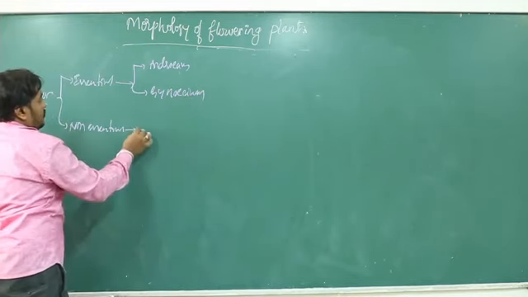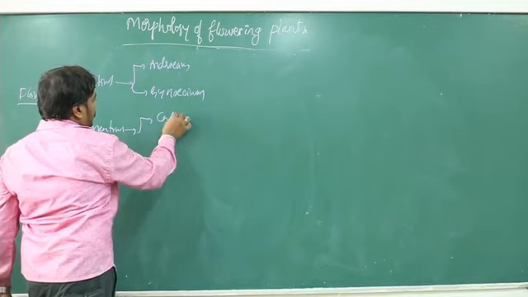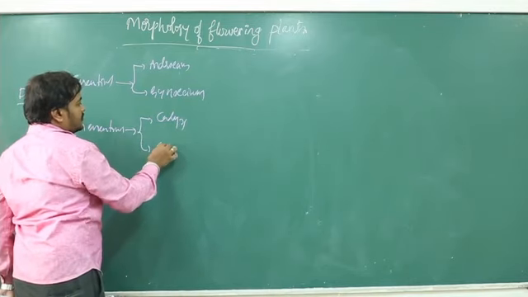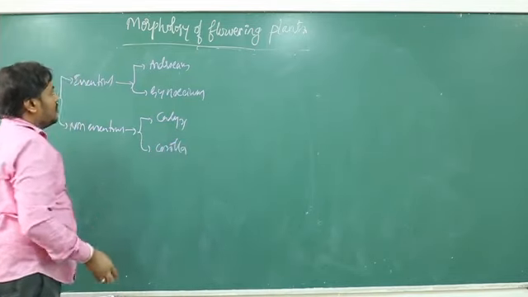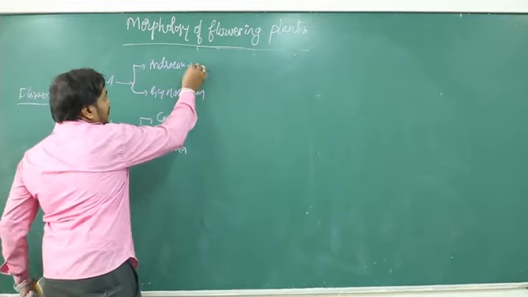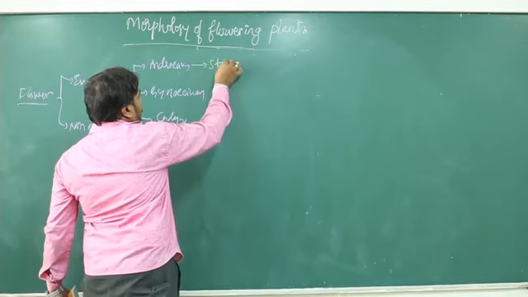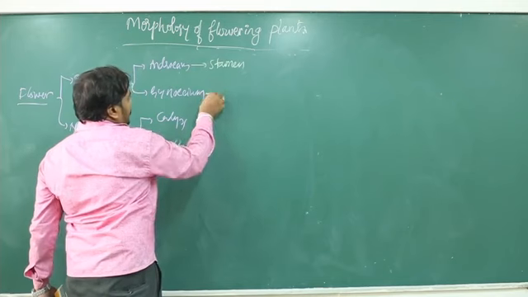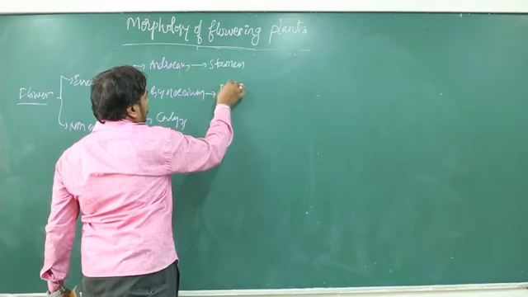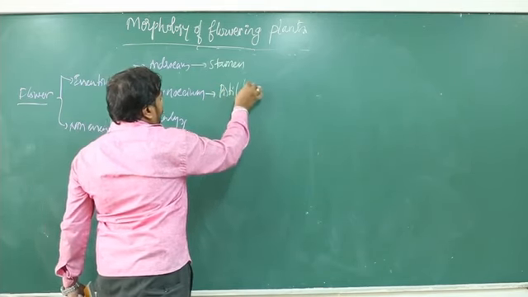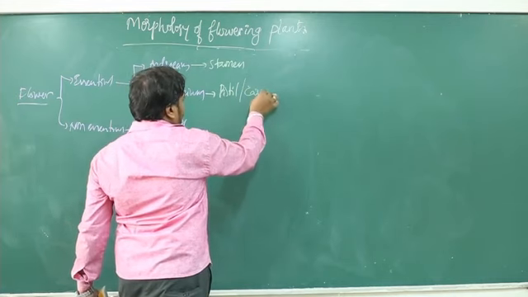Non-essential whorls are calyx and corolla. Androecium is a collective term; the individual structure is the stamen. Similarly, gynoecium is a collective term; the individual term is either pistil or carpel.